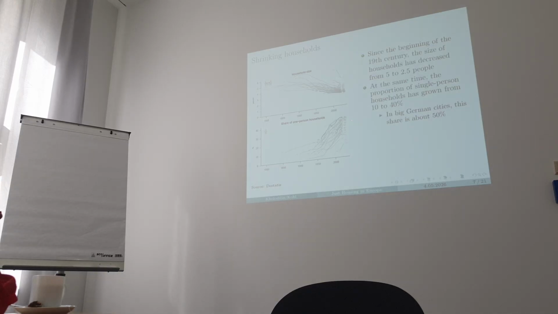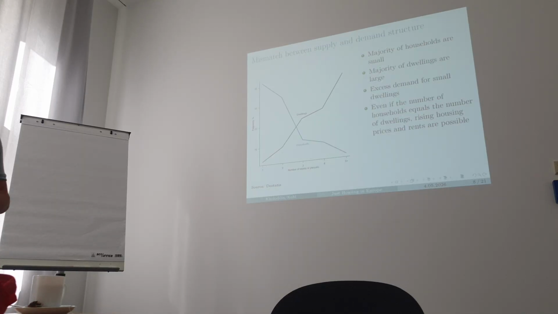That's also an interesting question, and of course there's research on this topic, but this leads to declining household sizes, and coupled with the increasing, until now, sizes of housing, this leads to a mismatch between the household size and dwelling sizes. So what we see here is a picture for Germany.